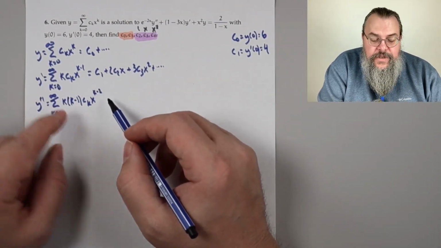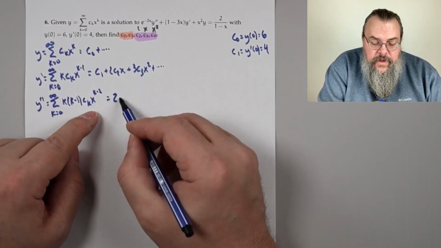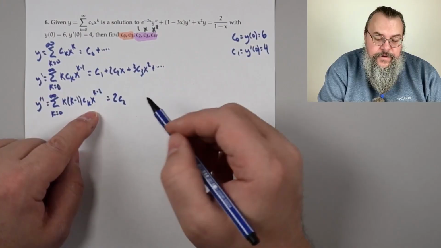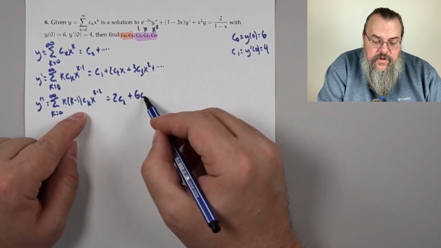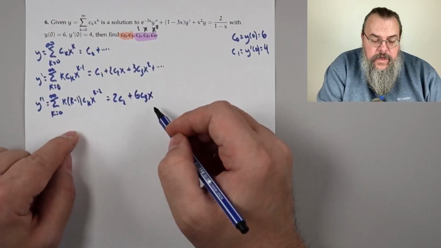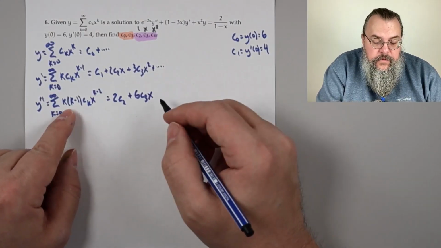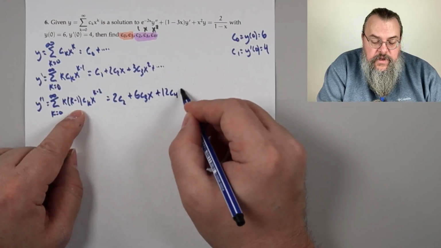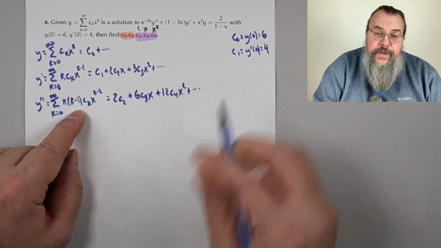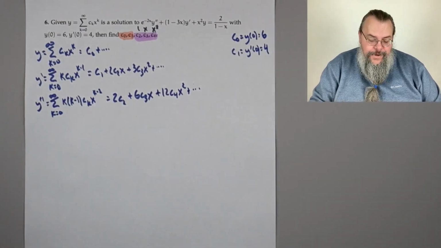Plug in 2, you get 2 times 1 times c2, and then x to the 0, so 2c2. Plug in 3, 3 times 2 is 6, c3 x. Go one more. Plug in 4, 4 times 3 is 12, c4 x squared, and then everything else is higher power. Okay, are we done? No.